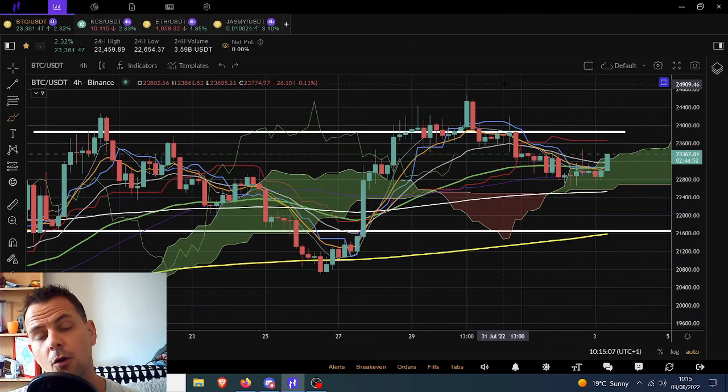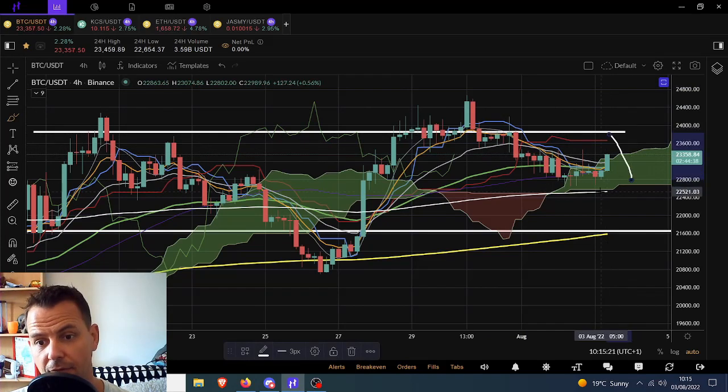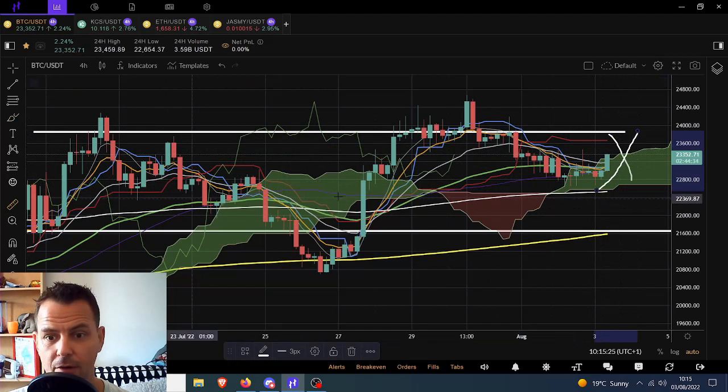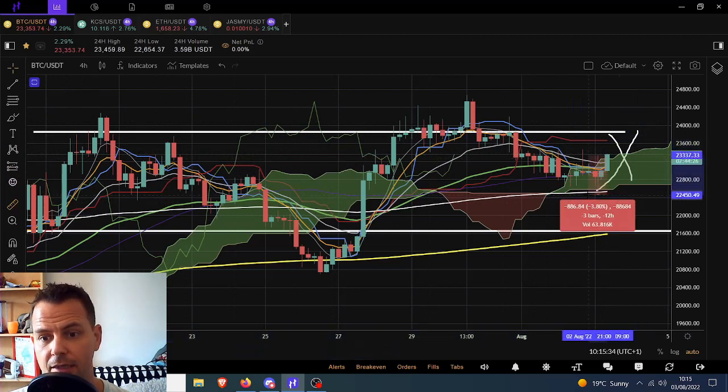Right now, we're floating around in a no man's land kind of area, making it very difficult, not impossible, but very difficult to make a decision on what's going on, because we could expect quite easily a rejection from this level, or a support and a bounce from this level, which basically makes this trading range, as we speak, potentially a move up by 2.5%, which is nothing, or a breakdown to the tune of 3.5%.